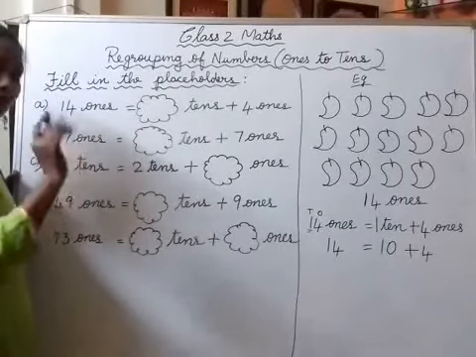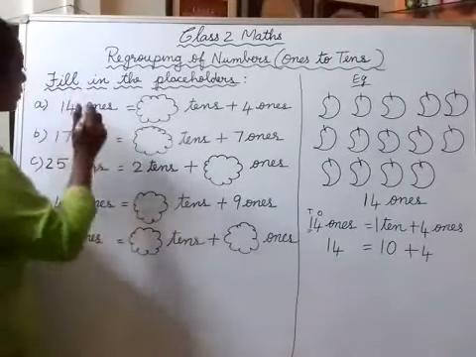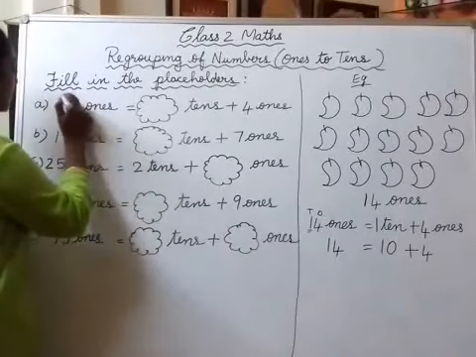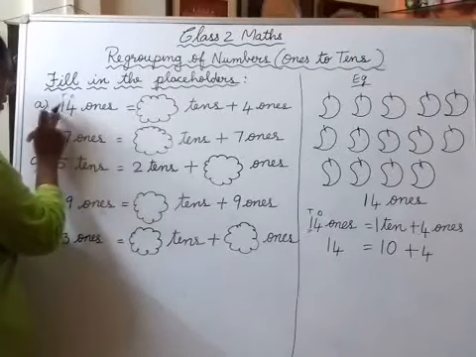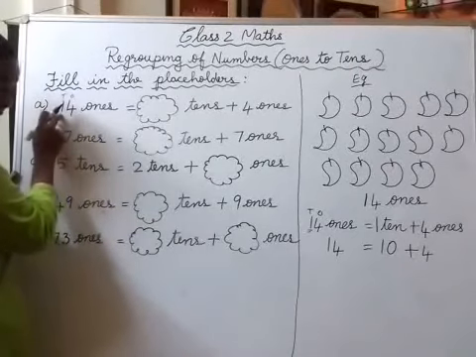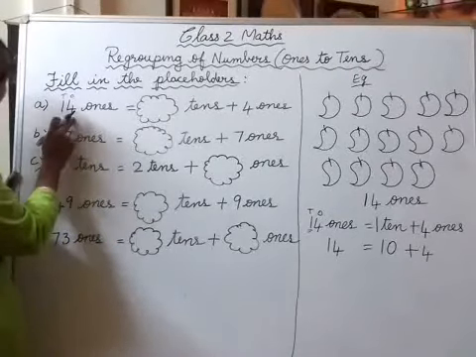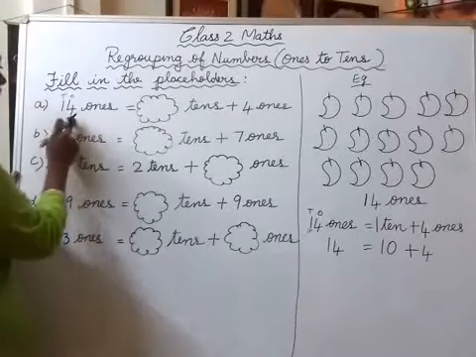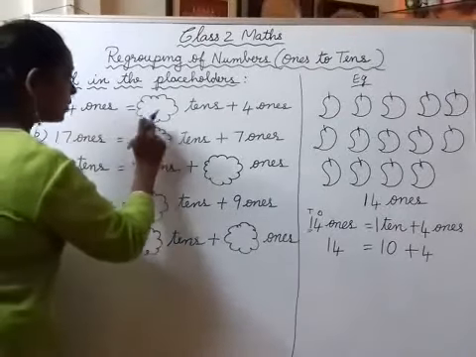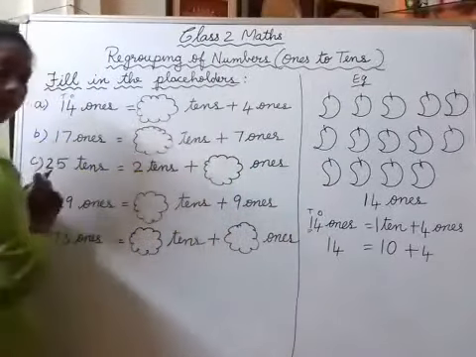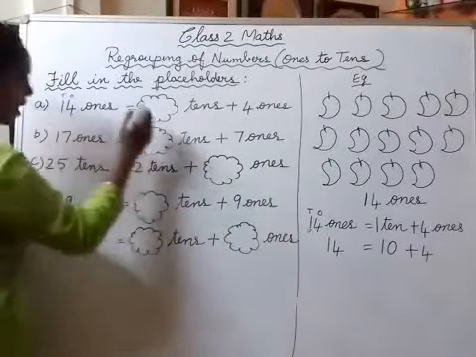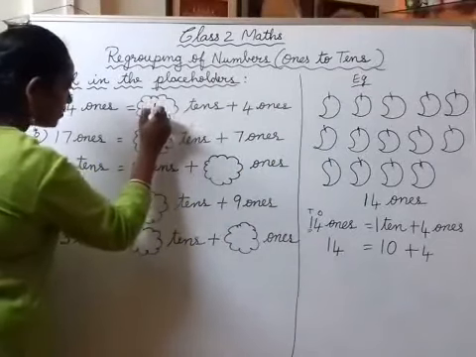So 14 में 2 digits है, so उसी को हम ones, tens लिखेंगे. This 1 will go to tens place and this 4 will go to ones place. So 14 ones is equal to dash tens plus 4 ones. So इस tens place में क्या आएगा? Yes, 1. You have to write 1.